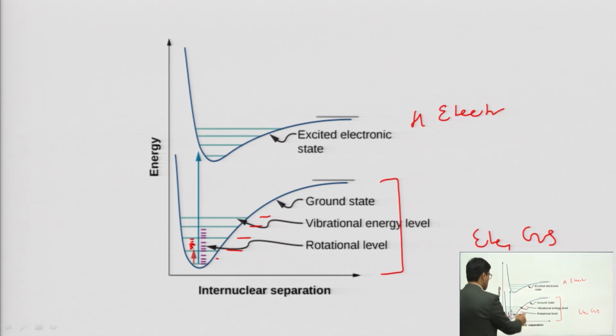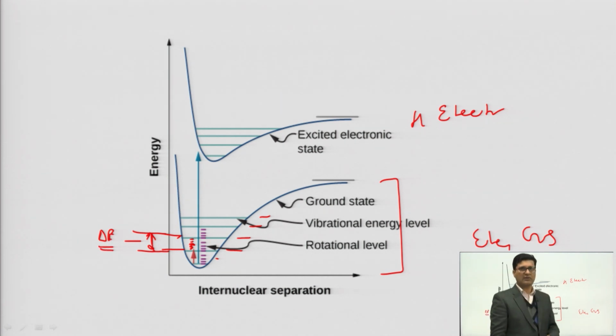So, the difference of energy between these two vibration levels, that is the delta E if we consider it, should match the IR light that we are supplying from the instrument. When the IR light of the instrument matches this delta E amount, then only absorption takes place.